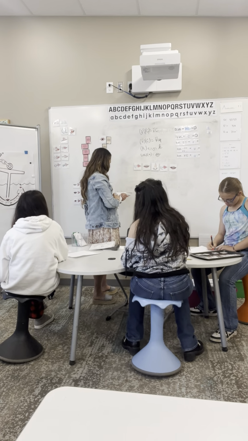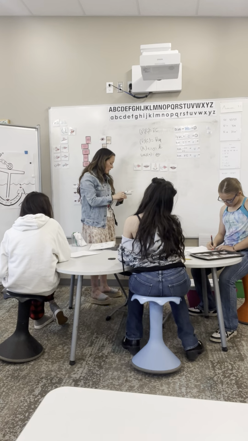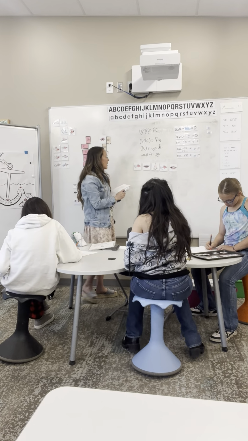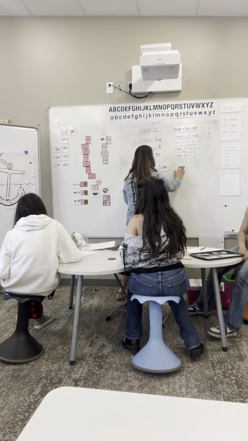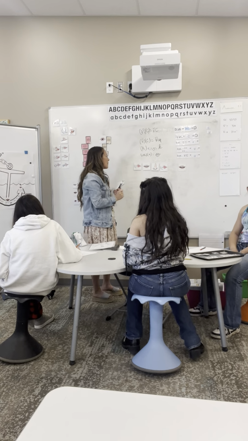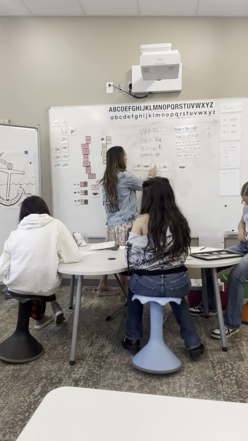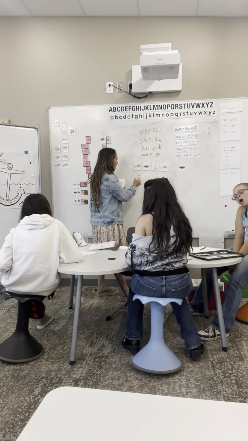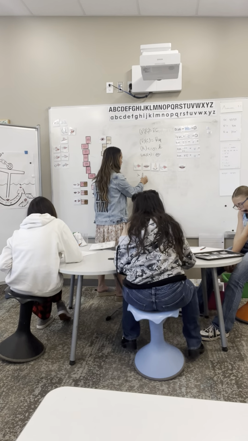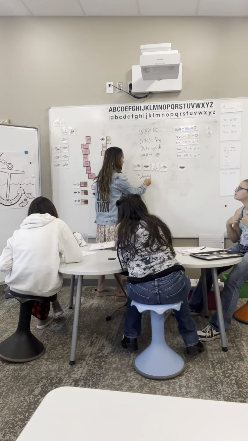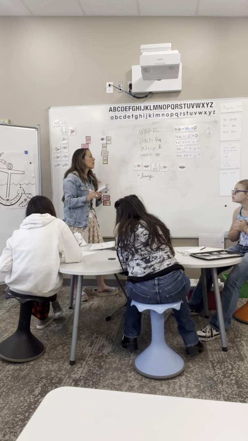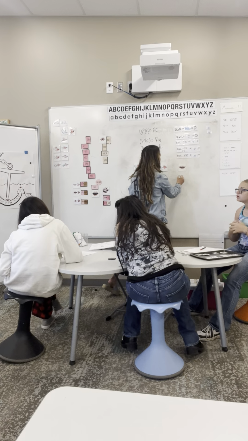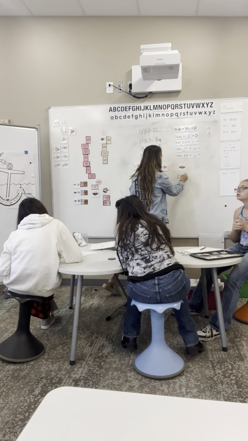Let's think about what our base word in bumpy is. Bump. Let's touch and spell bump. B-U-M-P. Okay, let's name and write. B-U-M-P. Good. And we need to add suffix vowel y to it.